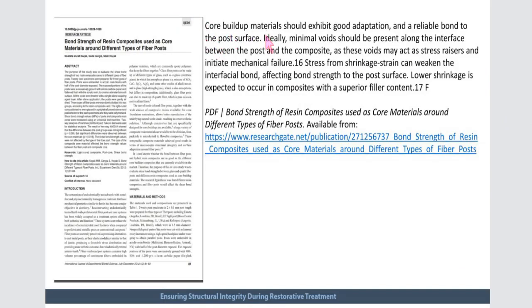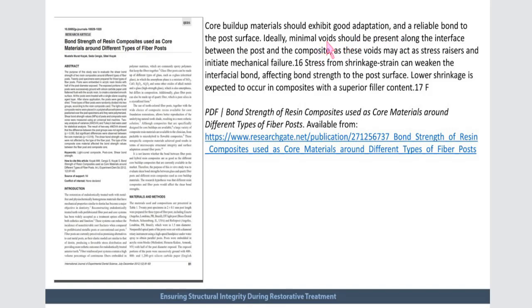About the materials that we are going to use when we are performing a core buildup, what should we take into consideration? A core buildup material should exhibit good adaptation and a reliable bond to the post surface. That's why we need a really good bonding, a really good adhesive system.